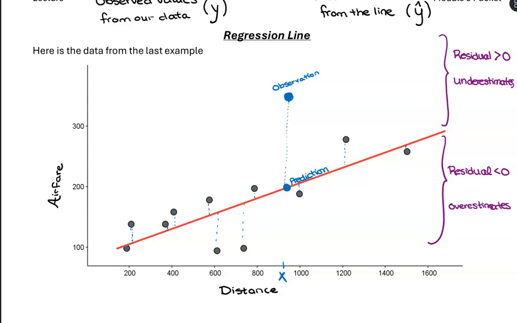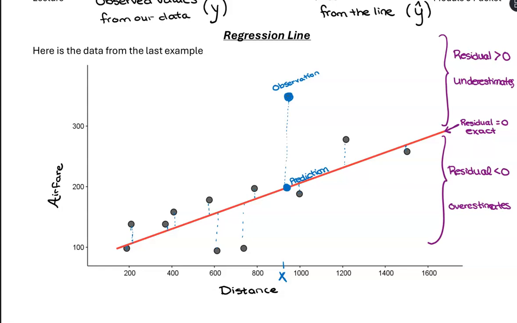And then if we land exactly on the line, which can absolutely happen, that means our prediction was perfect. So our residual is going to equal 0 because you're subtracting two y values that are the same. And it means that we were exactly correct. So that prediction was exact.